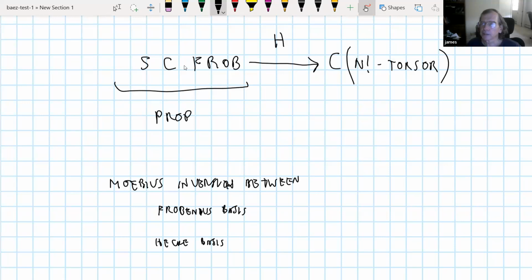Is that correct? I would have to check that, but I think so. So yeah, when you have a loop, which is the kind of thing you can do in a cobordism, then that gives you a factor of n.